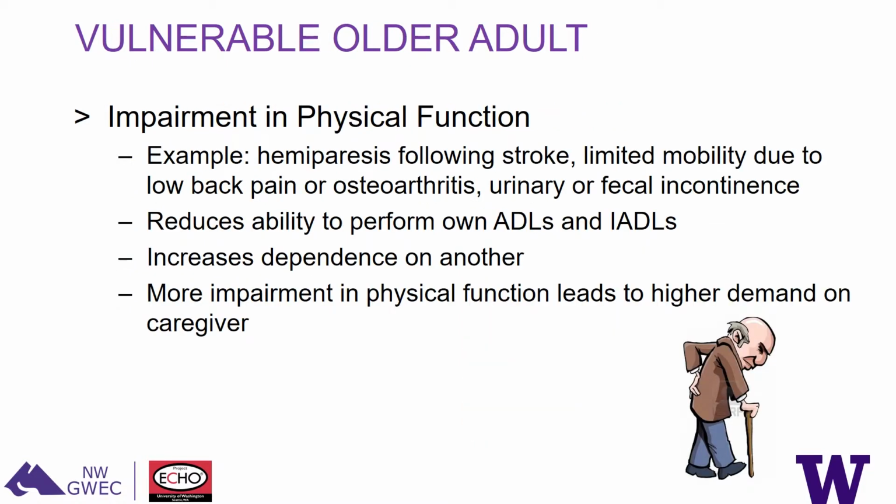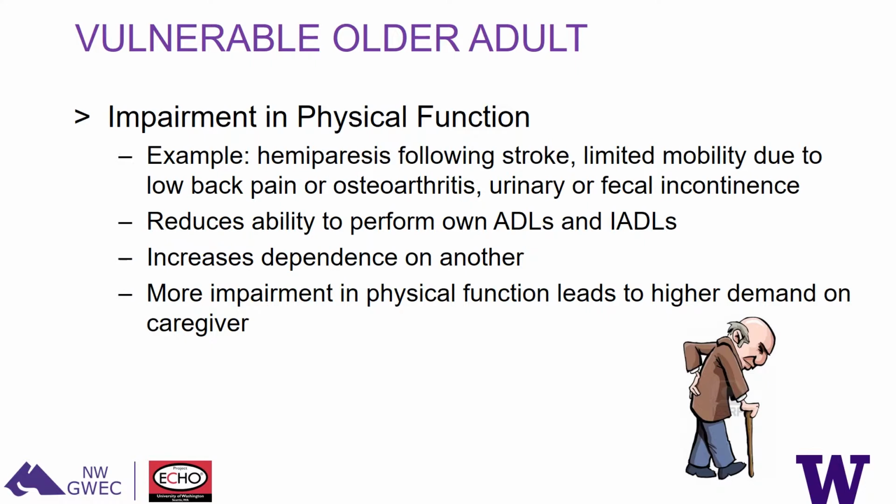So just to talk a little bit more about these risk factors, impairment in physical function. There's a whole number of reasons that older adults might have impaired physical function. For example, hemiparesis following a stroke, limited mobility due to low back pain or osteoarthritis. And as people accumulate physical function impairments, it reduces their ability to perform their own ADLs and IADLs and increases dependence on another.